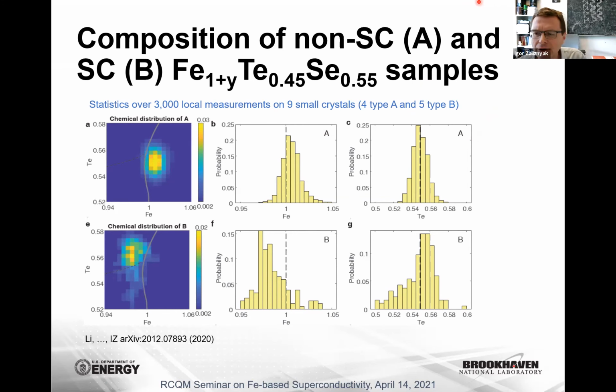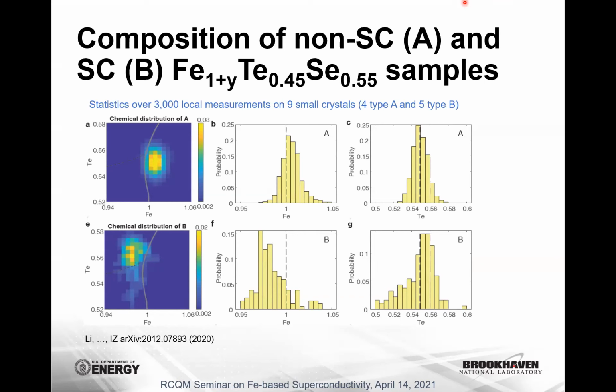This was really low tech, just varying the input composition of the input material, iron and tellurium and selenium. I mean, usually these samples have excess iron, so you have to anneal them to get rid of the excess iron.